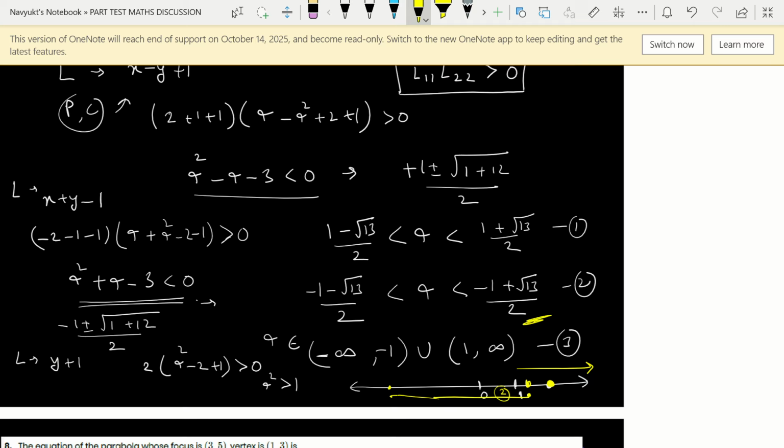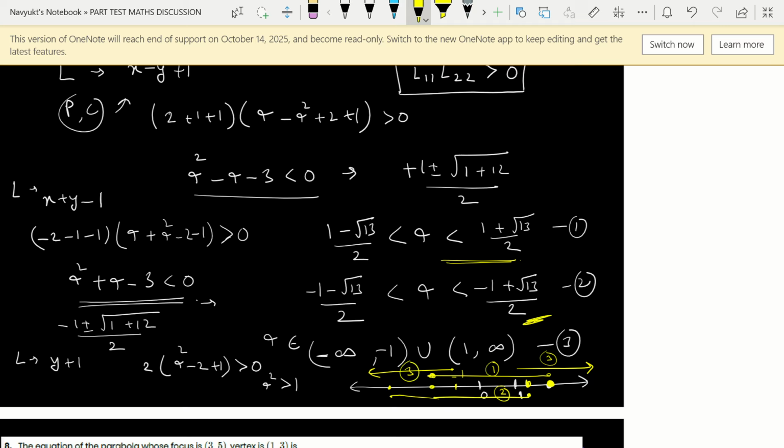Let's talk about the first condition, this one. This will start from here, correct? And it will go till a point somewhere here. Let's take it minus this. So minus 2.5, minus 1. Again, you'll have minus 1 here. And this value would be somewhere here. So this will go starting from here till here. This is a zone. And obviously, the third zone is this. This is our first zone. These are our third zone.